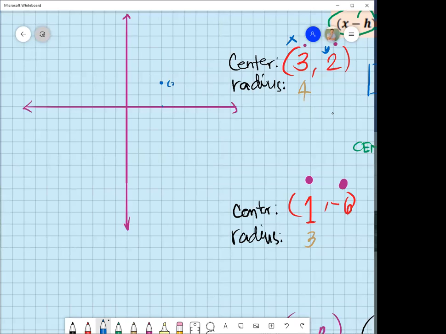The 3, 2. Okay. And for the radius now, all we have to do is to count 4 units up or down. If we have our compass, yung may tusok, I don't have a compass here. Sorry for that. If you have the compass, you know that. Ito yung may ganito siya.